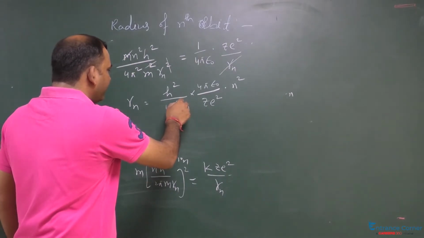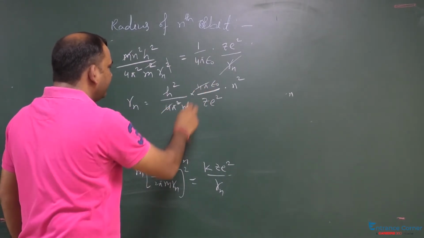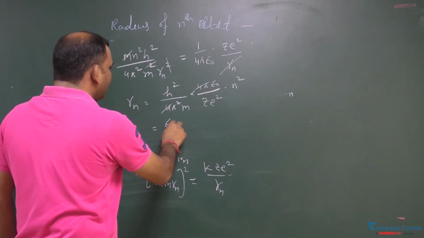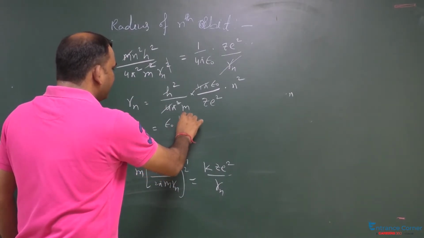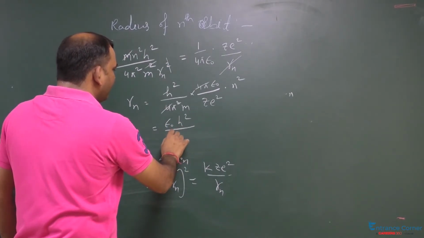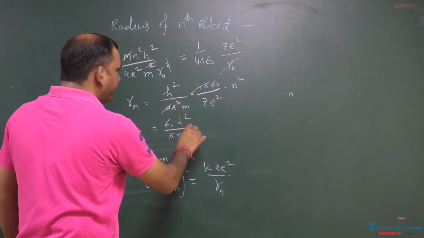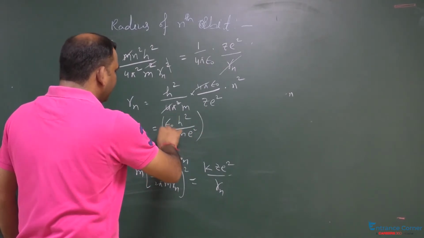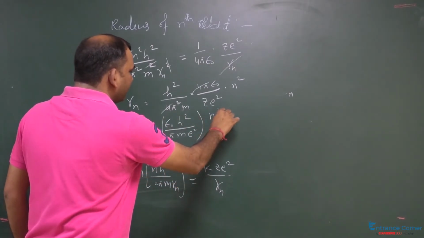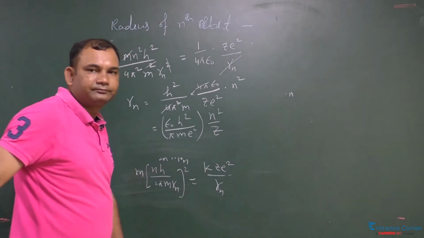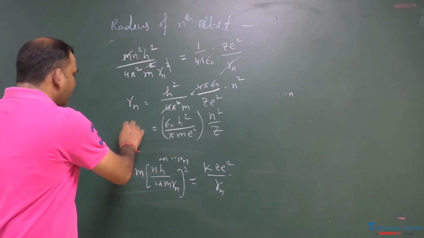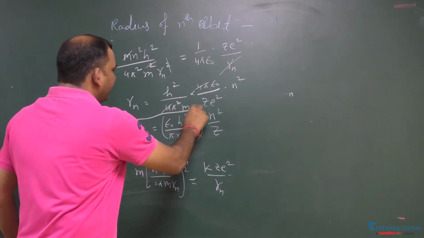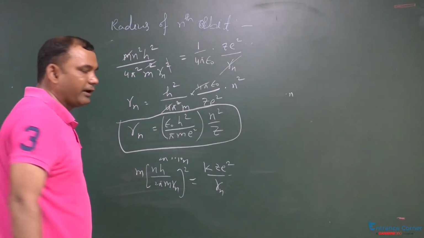Now, 4 pi will be cancelled out from this quantity. So, that is equal to epsilon naught h square upon pi m e square into n square by Z. This is the value of rn, right.